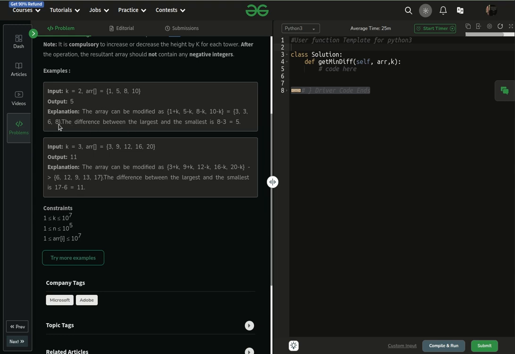So after subtracting the smallest value from the largest value, we get 5. Okay, so how are we actually calculating this array, 1 plus k, 5 minus k, 8 minus k, 10 minus k? I'm going to show you an example.